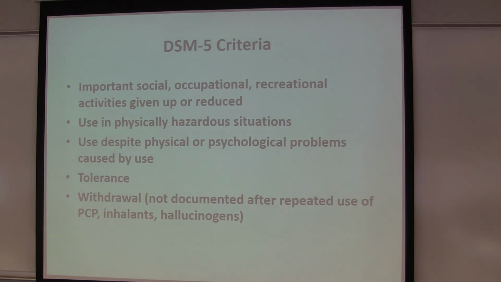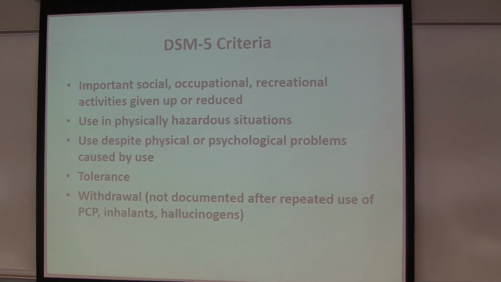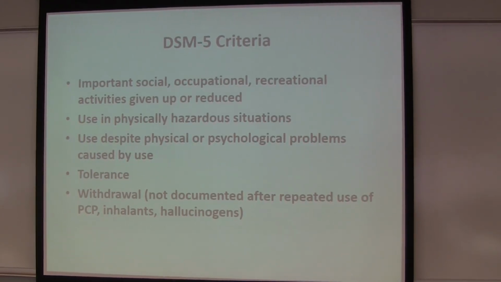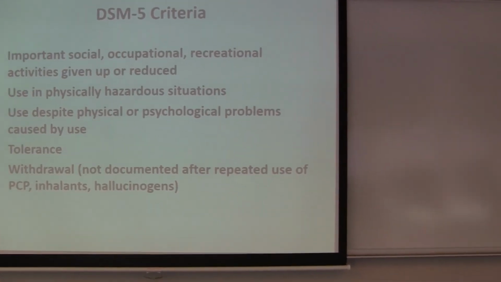An example, of course, would be driving while under the influence, operating machinery under the influence, use despite physical or psychological problems caused by the use. So the adverse consequences of the use take a toll on the person's physical health, and their psychological and emotional well-being begins to be affected by the use.